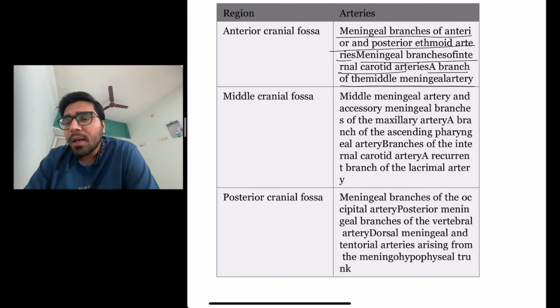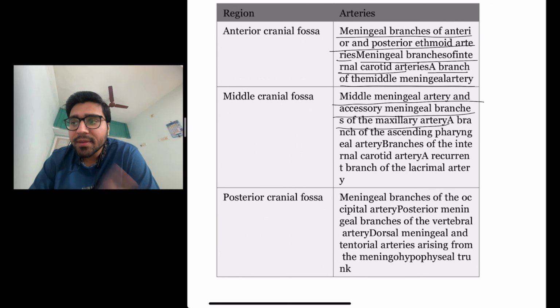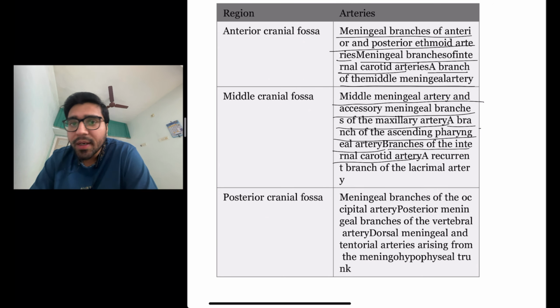Now let us discuss the blood supply of the middle cranial fossa. This is the middle meningeal artery and accessory meningeal branches of the maxillary artery. This is the first blood supply. The second is a branch of the ascending pharyngeal artery. The third is a branch of the internal carotid artery.